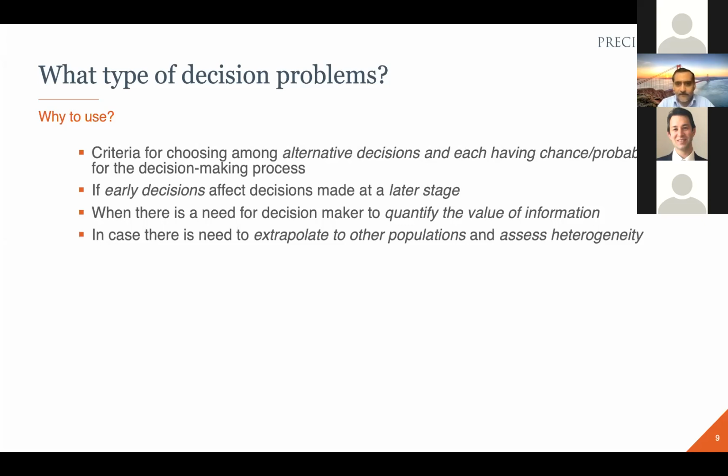Also, when we are interested in quality, or if we want to quantify the value of information for some things, then you also use it. As I said before, if you extrapolate to another population for which the data is limited, you can do that to assess the heterogeneity in the outcomes. So these are the possibilities where you can use decision tree models.